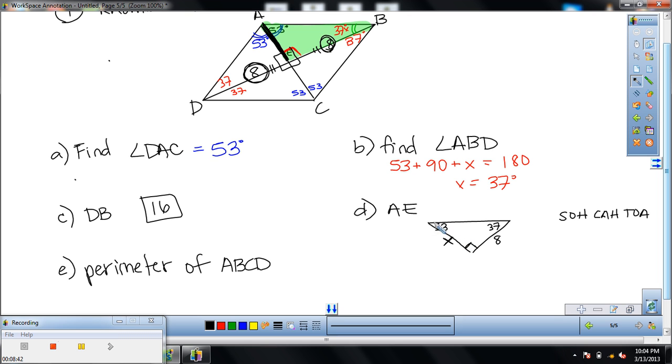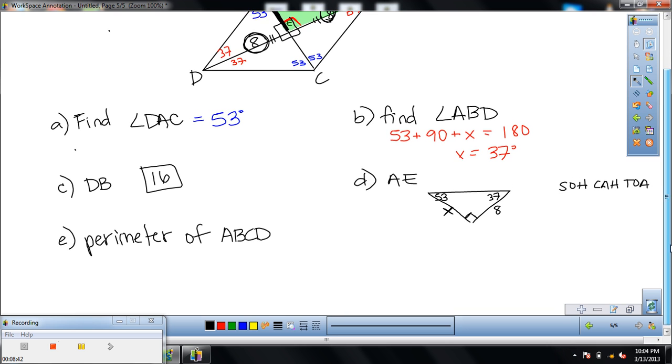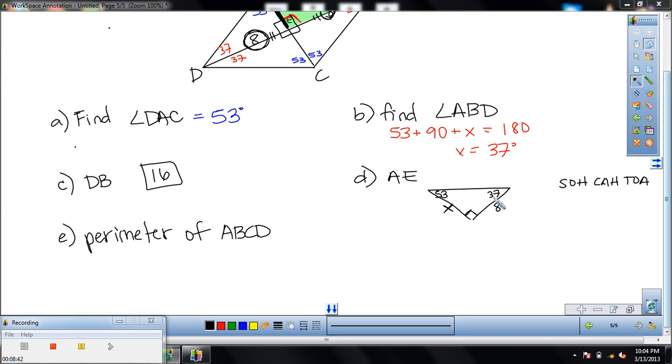Now, I know 53 and 37, so I have some options here. There's not only one correct trig answer like we've seen in the past, because now we have some options. So we can start with 37 or 53. I chose to go with 53, so I'm using 53 as my starting point. And then I want to set up my trig ratio using the information I have.